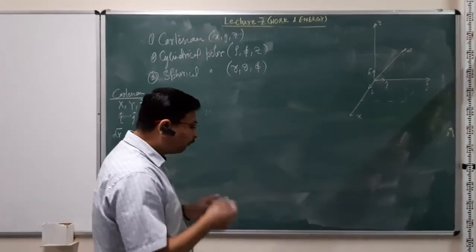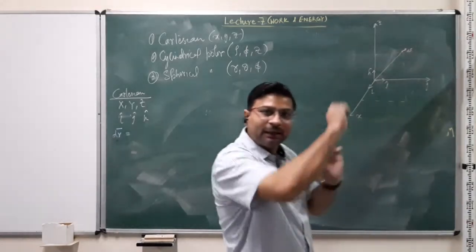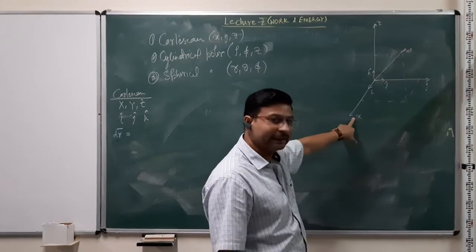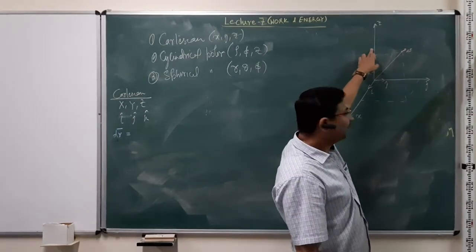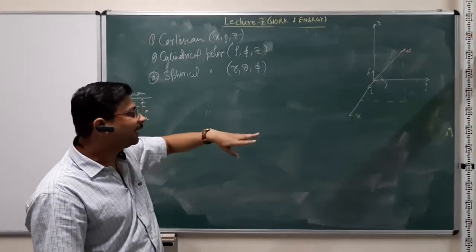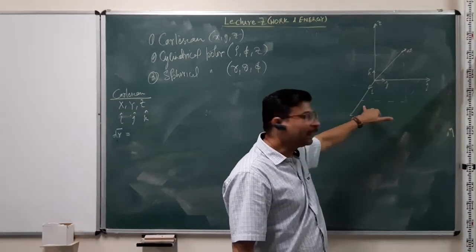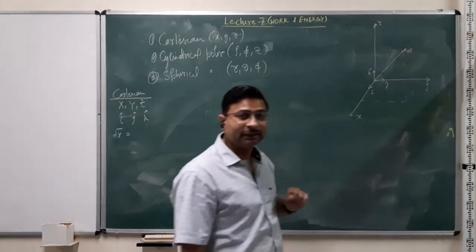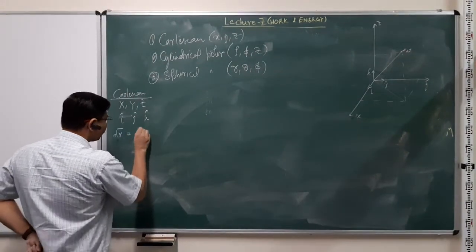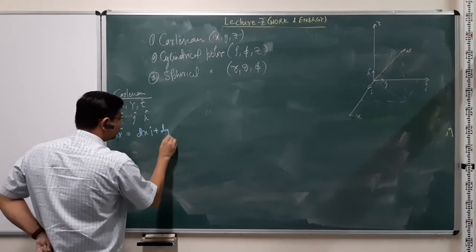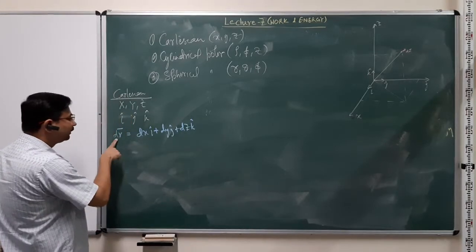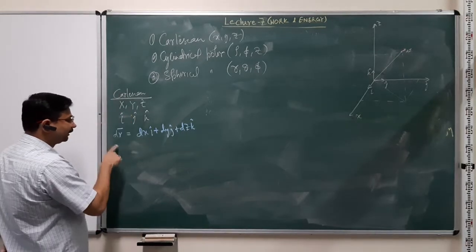If I want to move slightly away from this point in a random direction, I am going to move some bit in the x direction, some bit in the y direction, some bit in the z direction, and since these are independent directions, I can write that change as the change in x direction i cap plus the change in y direction j cap plus the change in z direction k cap. That is why we write it as dx i cap plus dy j cap plus dz k cap.